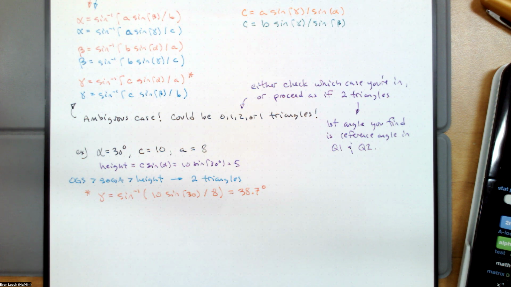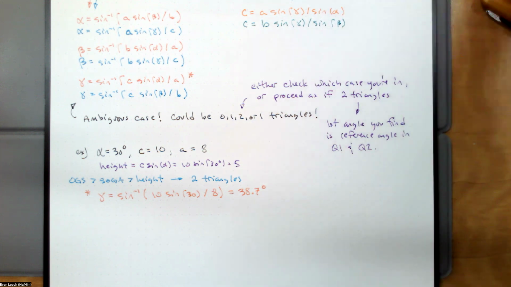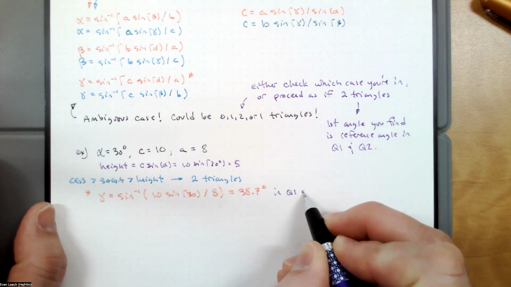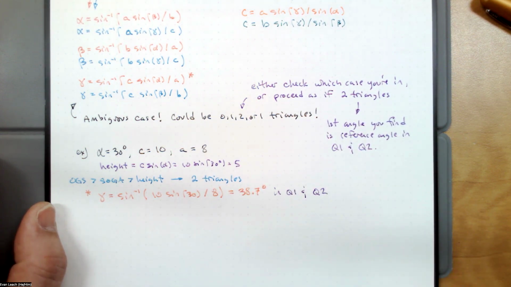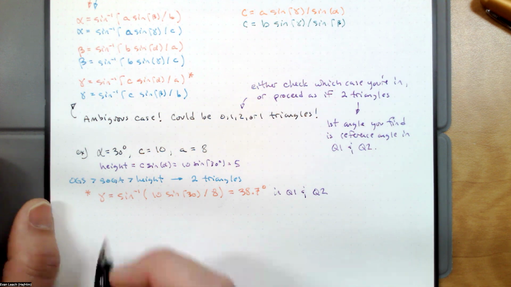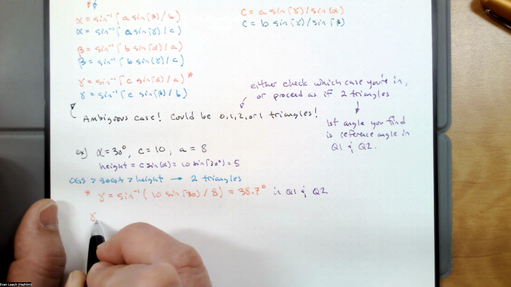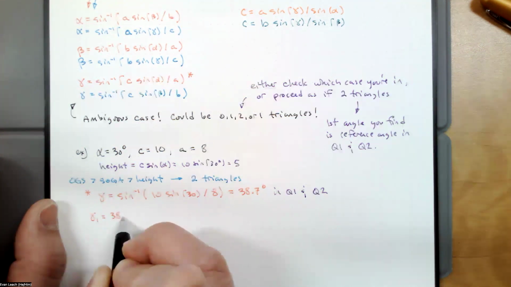We know that there are two triangles, or we suspect that there might be two triangles if we didn't do the height calculation. So I'm going to take this gamma and say 38.7 degrees, that's our quadrant 1 angle. Now I'm going to put that 38.7 degrees as a reference angle in quadrant 2. So I'm going to do 38.7 in quadrant 1 and quadrant 2. So the calculation splits. I've got a gamma in quadrant 1 of 38.7 degrees.